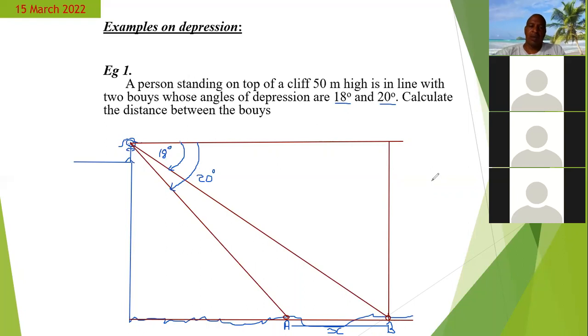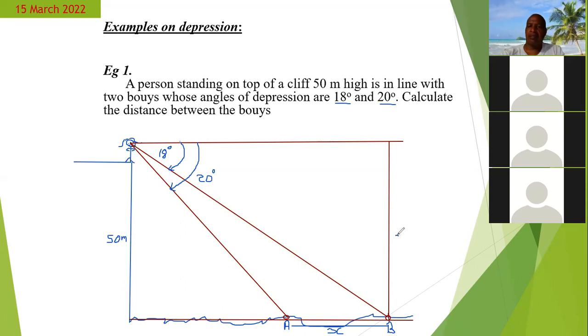What else do we know? Put in the 50 meters, the height of the cliff. So we can put that here. And we know that it is the same height down here as well.